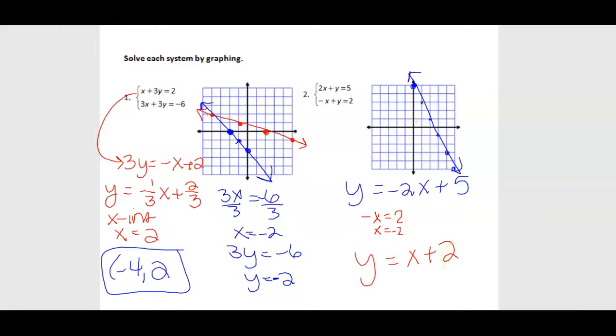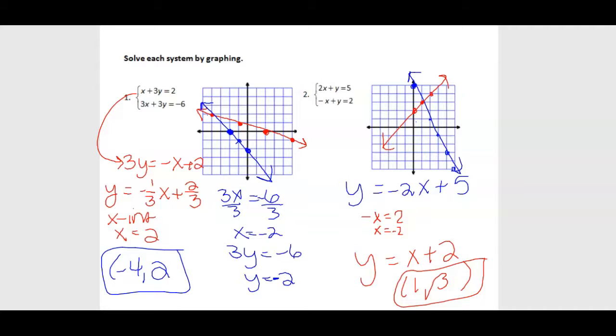If you found your intercept, you had negative 2 and positive 2. So again, I have intersecting lines, and they intersect at the point 1, 3.